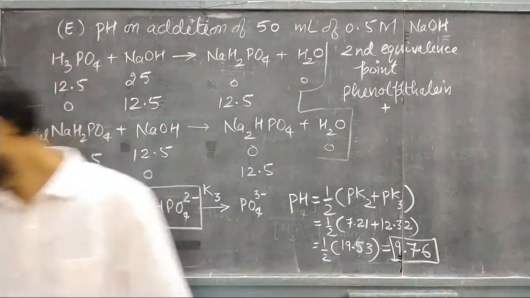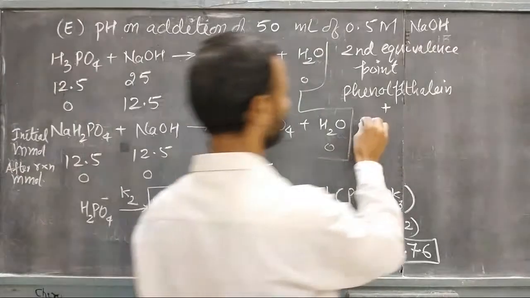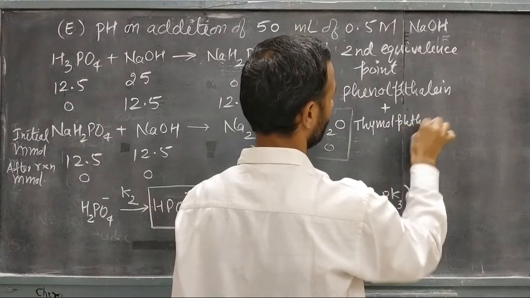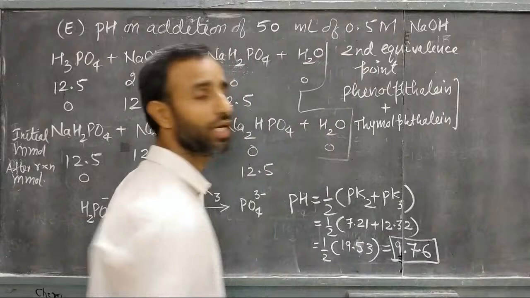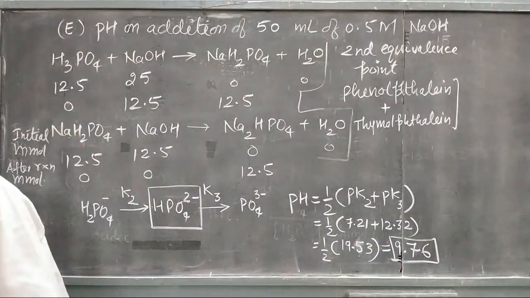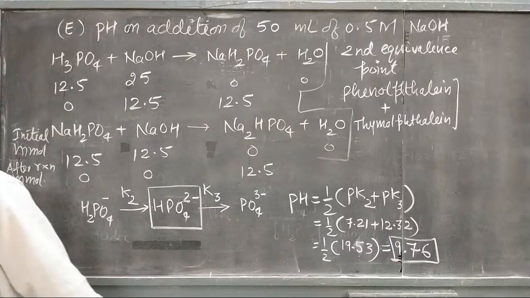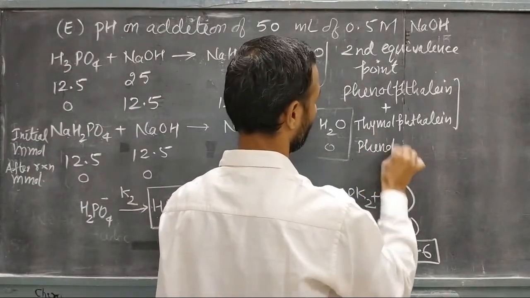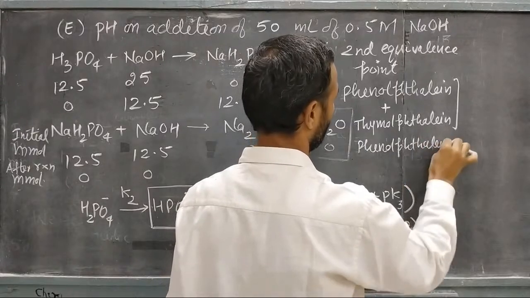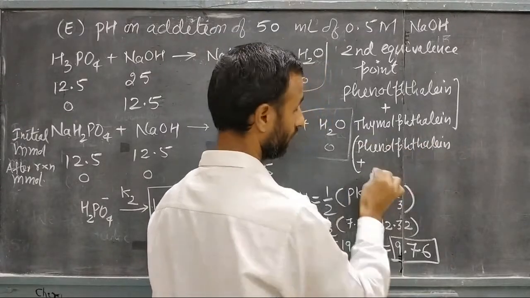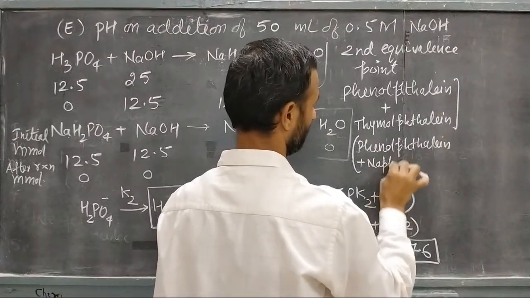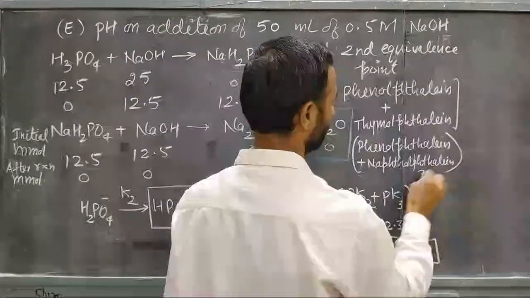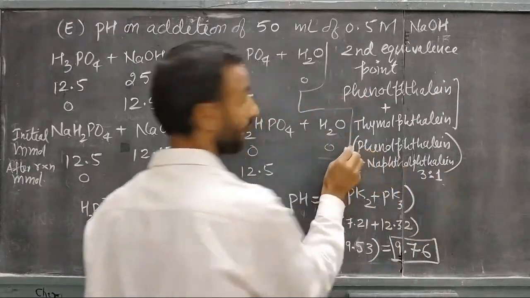After that we add thymolphthalein to detect the end point, meaning the second equivalence point, or sometimes we add a mixture of phenolphthalein and naphtholphthalein in the ratio of 3:1 to detect the second equivalence point.